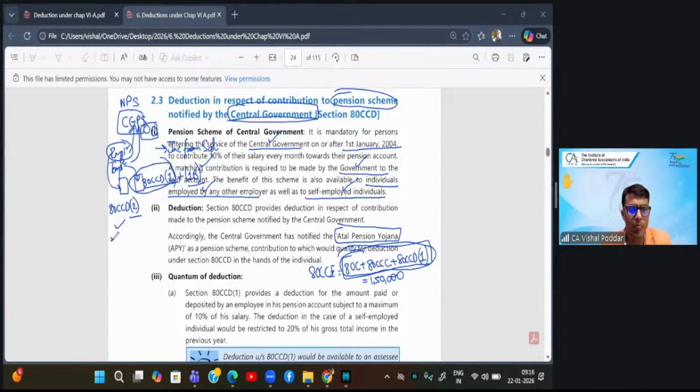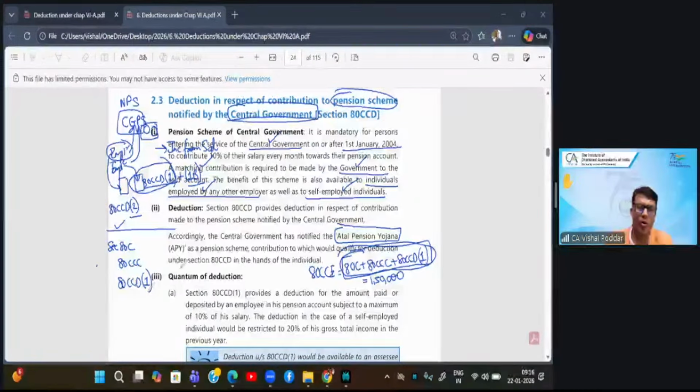So I will now put it down like this. Pay attention. This is slightly technical, but this is important and it is interesting also. So section 80C, 80CCC, 80CCD1.